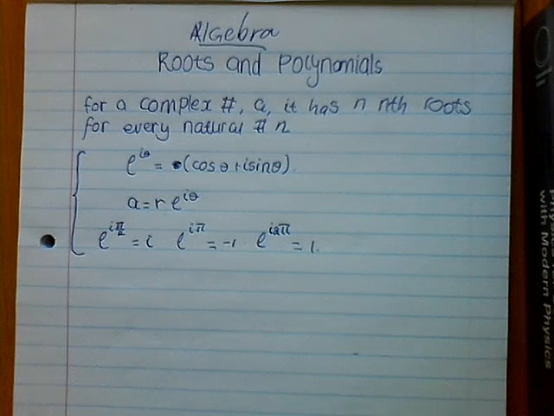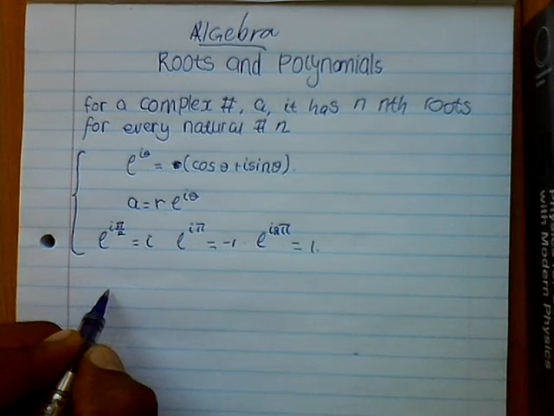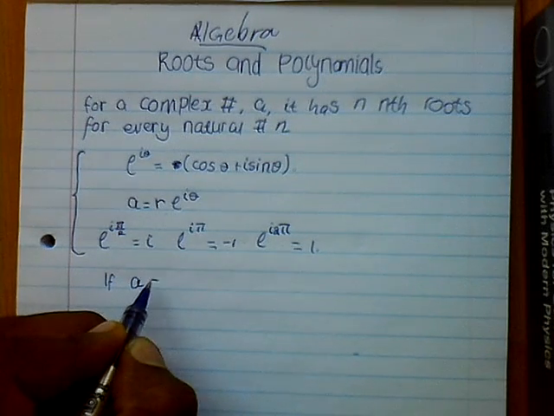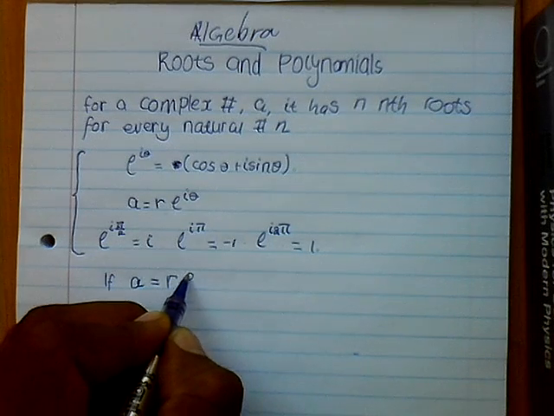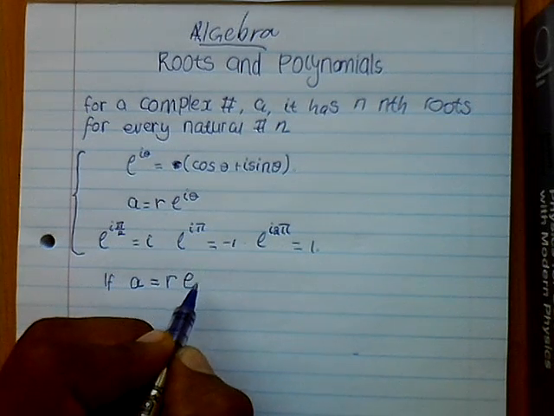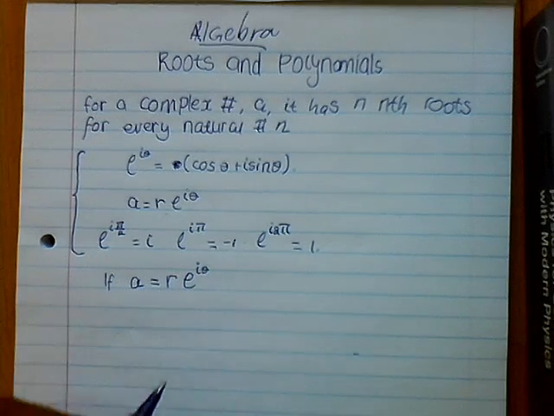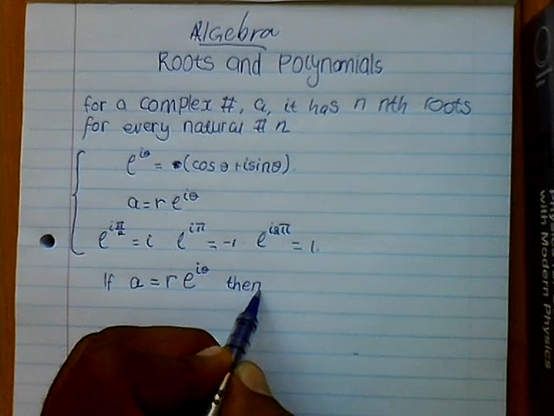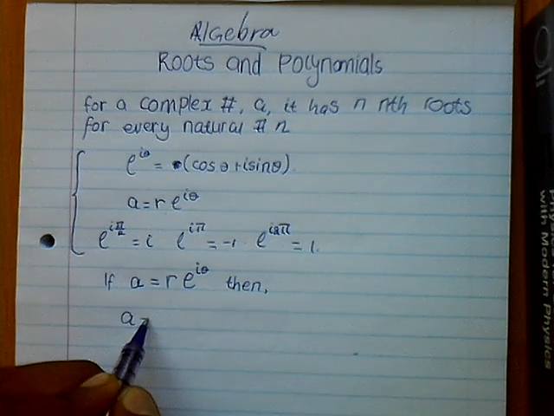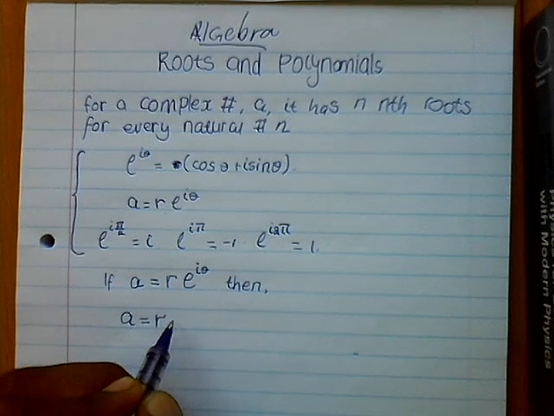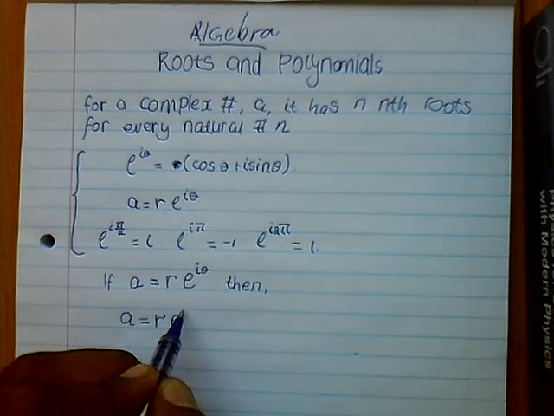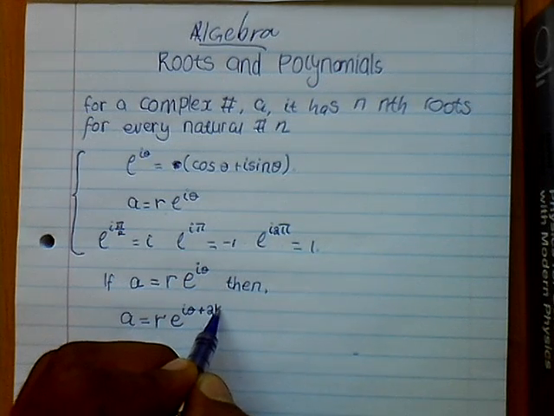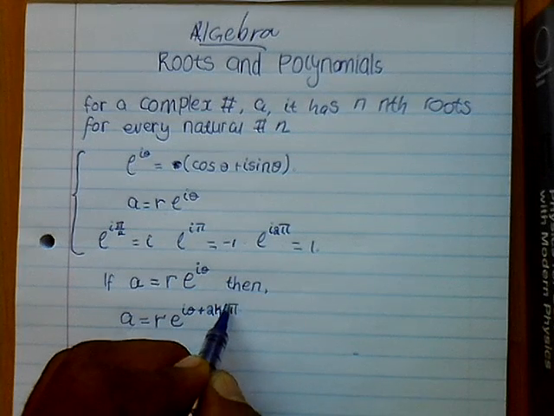If a is equal to r e to the power of i theta, then a is equal to r e to the power of i theta plus 2k i pi.